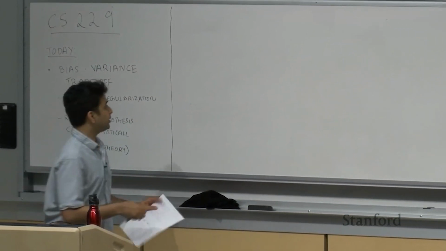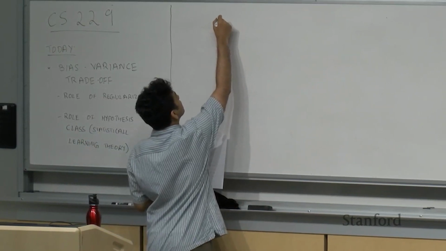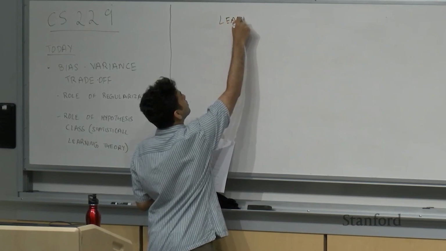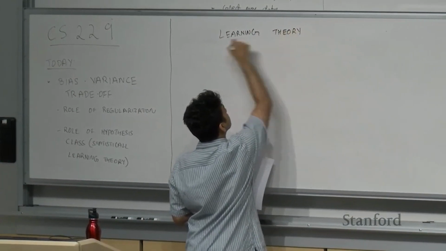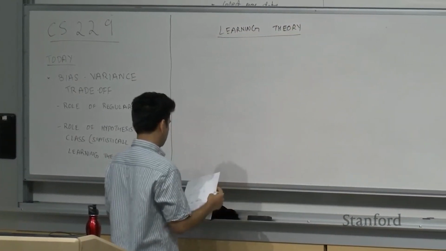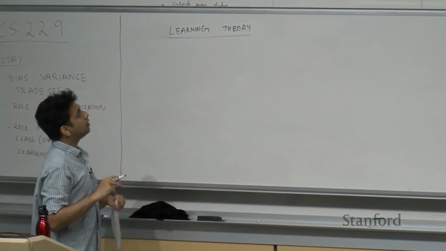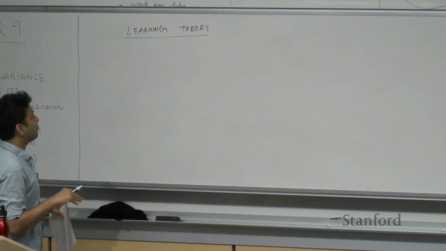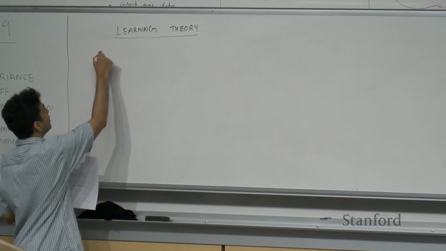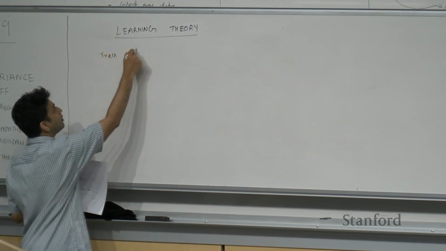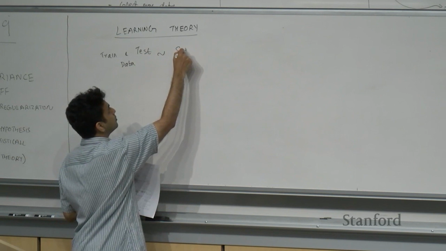So for statistical learning theory, we make a common assumption that's widely made in statistical learning theory, or in most theory, that our training and test data come from the same distribution.